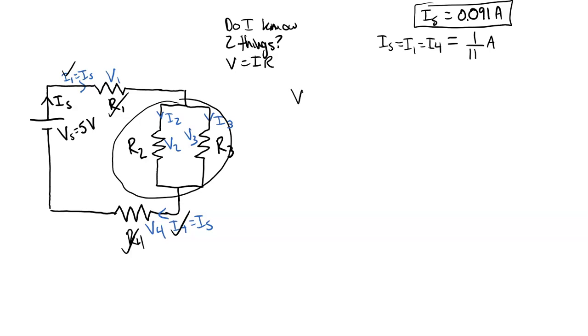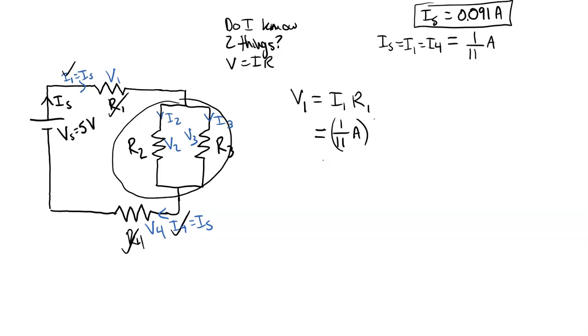So here we go. V1, the voltage across R1, is equal to I1 times R1. And we know that I1 is equal to a value of 1 divided by 11 amps.